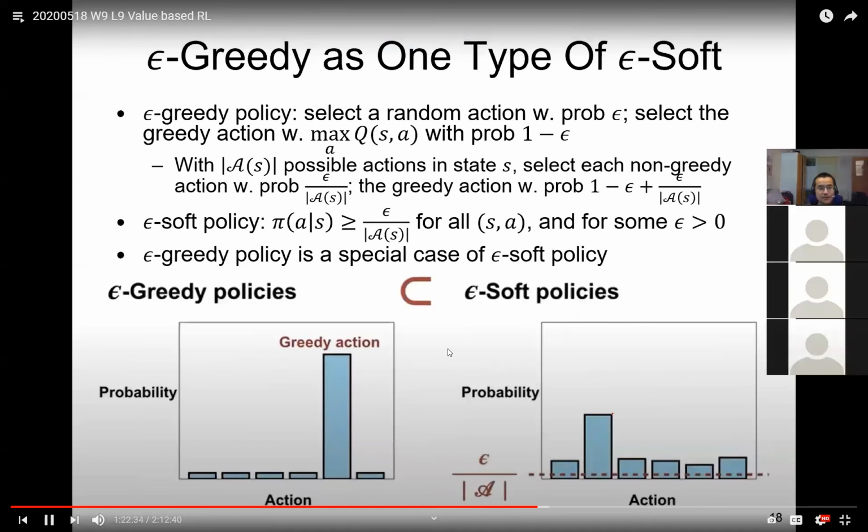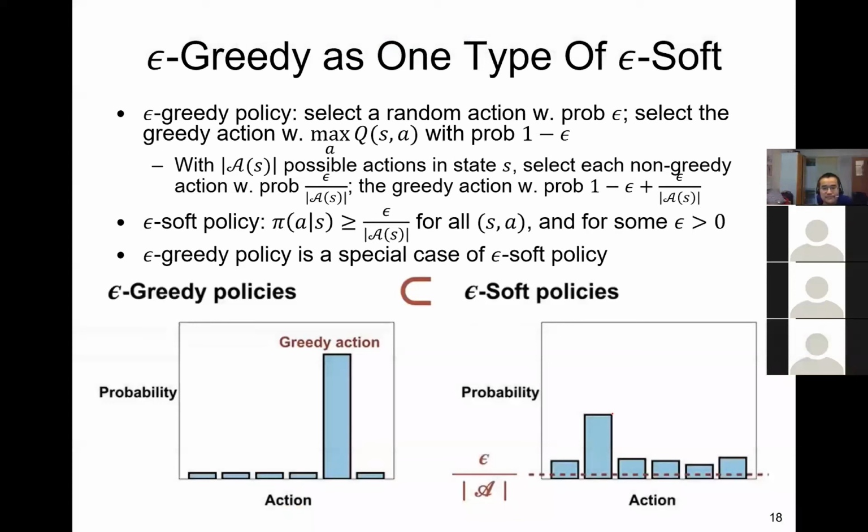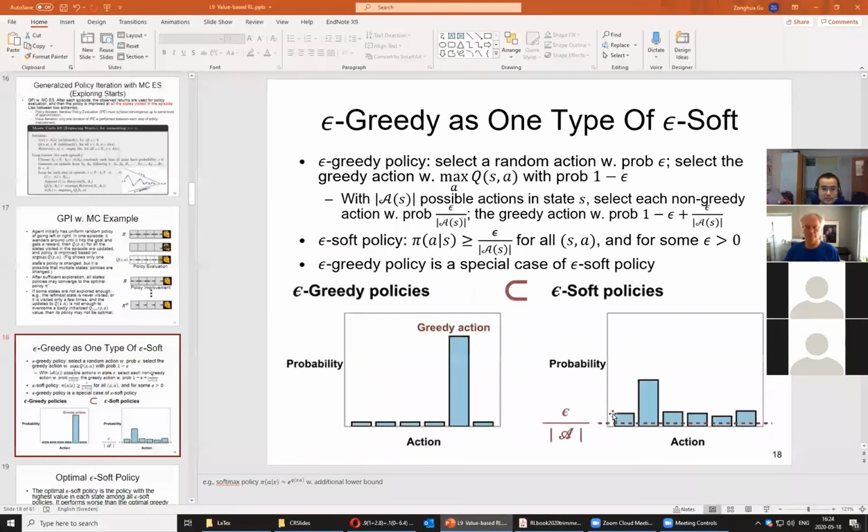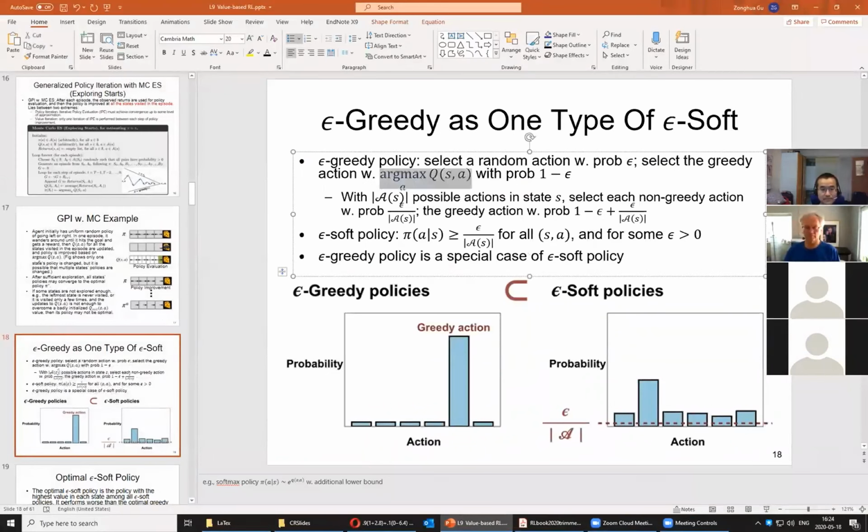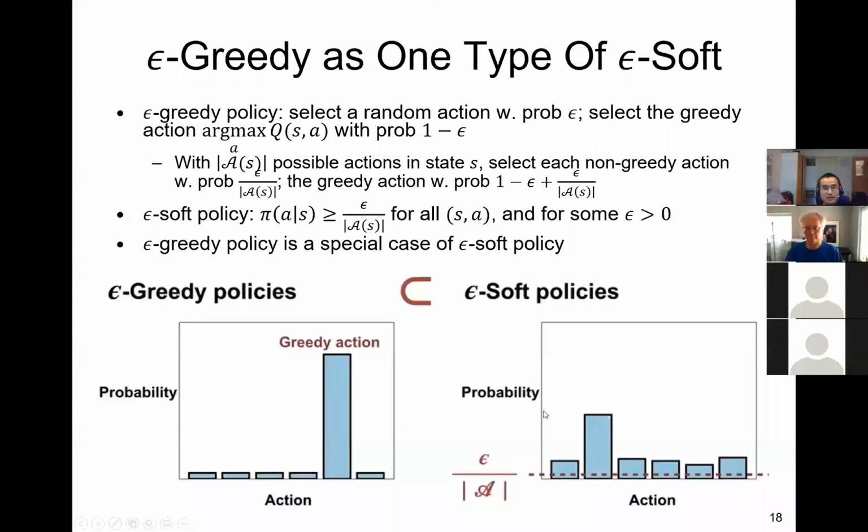So epsilon greedy, we saw it before. It selects a random action with probability epsilon. It selects the greedy action, which is the argmax, with probability 1 minus epsilon.